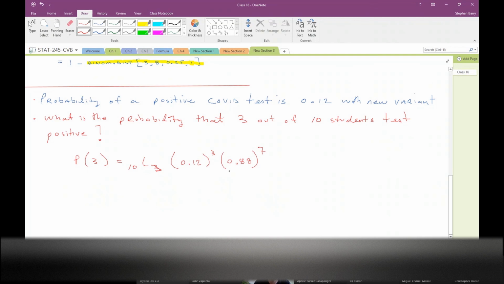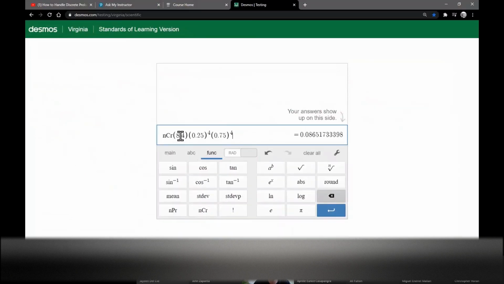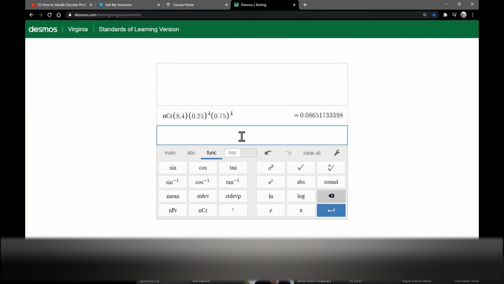Either way, you should write it down like this when you're showing your work, just so you show me that you know how the equation works. So again, approximately 8.5% chance.